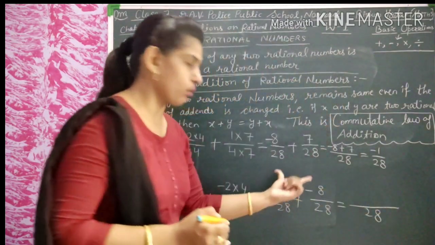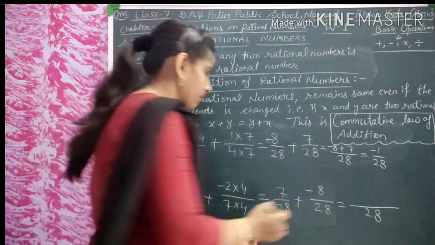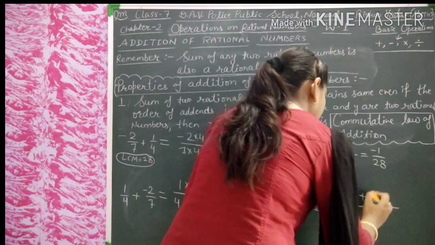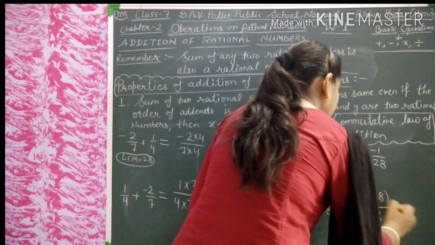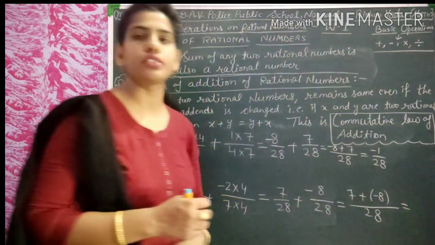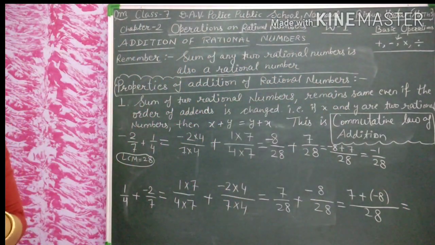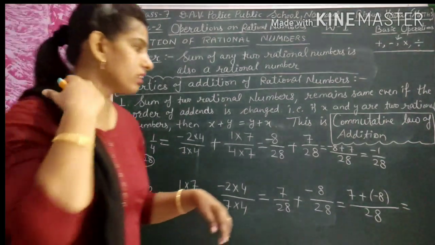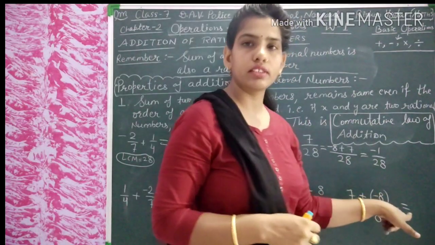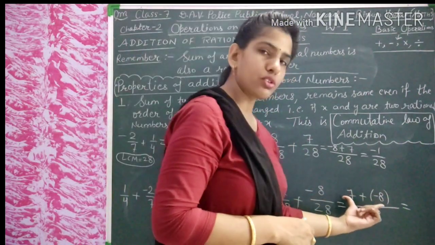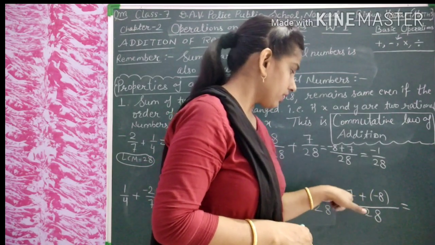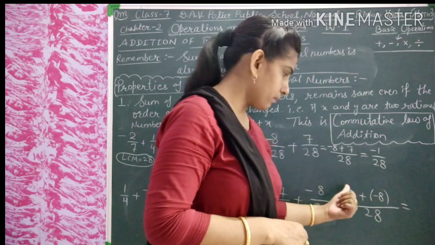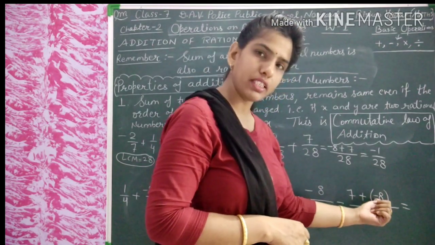Now adding both the numerators as well. 7 plus minus 8, and that becomes equals to, same process, both are integers. We will solve here. Same process, different sign. This has the plus sign, and this is the minus sign.